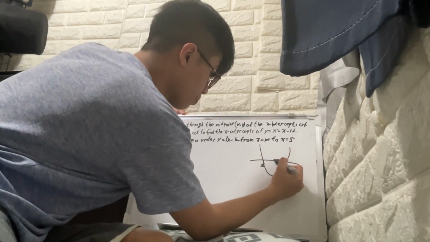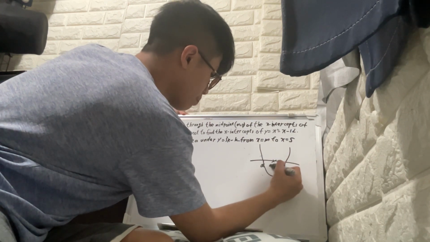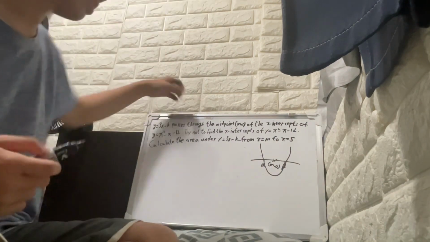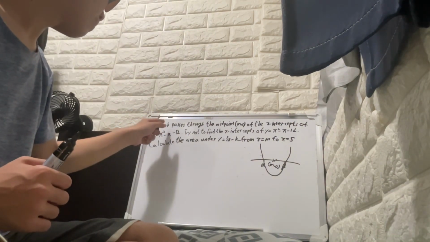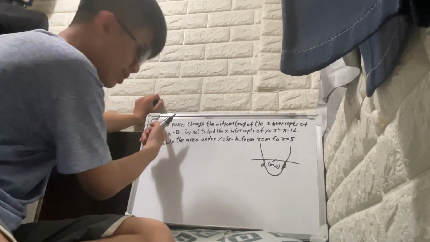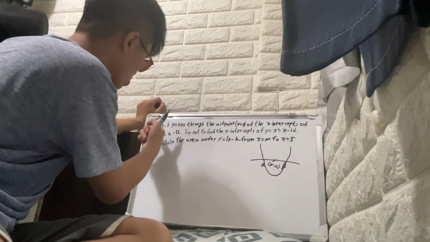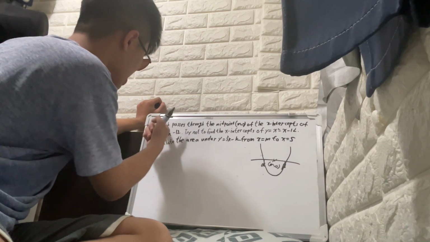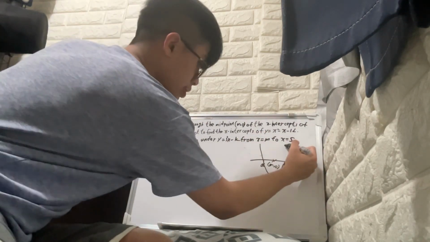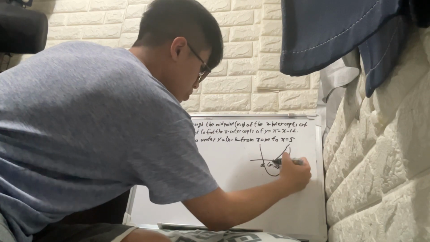And here is beta. Then here is the midpoint (m, 0), and then the line y = 3x - k. Look at the 3x: 3 is the slope, like y = mx + c. And 3 is a positive number, so the slope is positive and the graph looks like this.